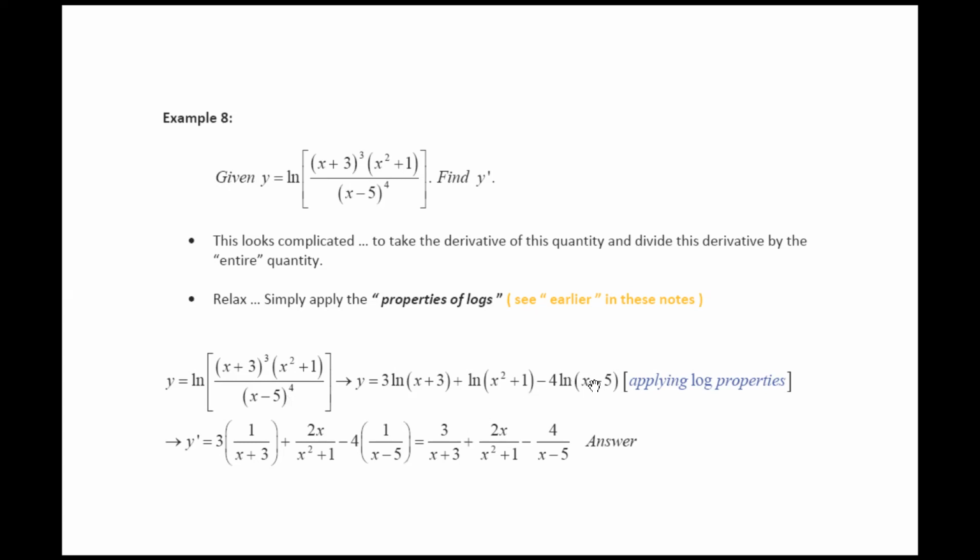And the derivative of this is 1 over itself. And we have a 3 in front and a 4 in front. So let's multiply this. 3 times 1 is 3. 2x over x squared plus 1. And the negative 4 over this. And we're done. Wow. You certainly want to know the properties of logs.